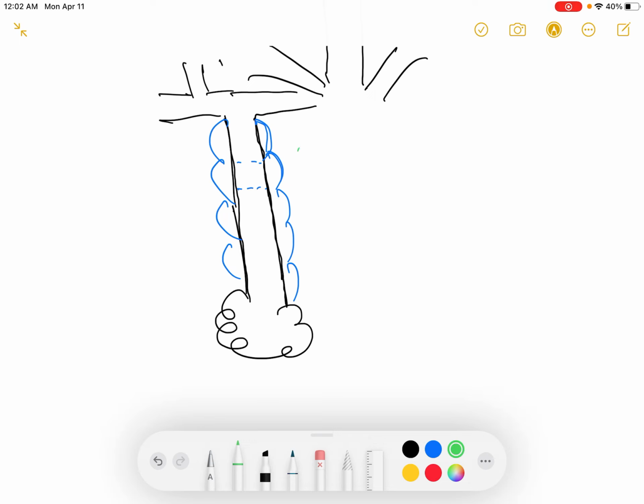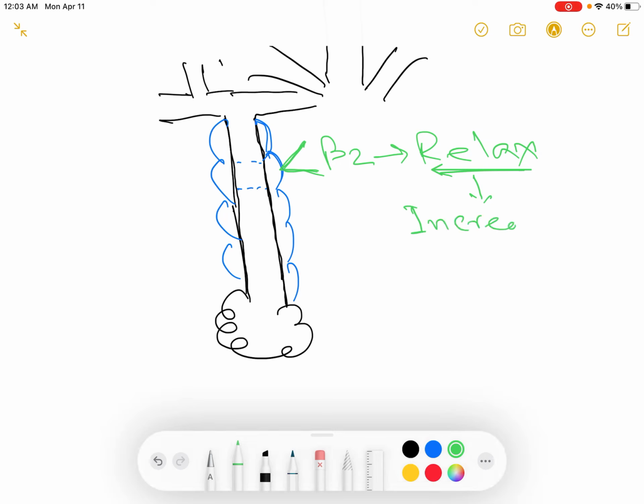One of the receptors on the smooth muscle cells is the beta 2 receptor. This beta 2 causes the relaxation of the smooth muscles, and this relaxation increases the size of the small airway.